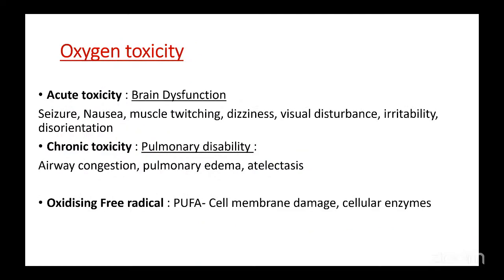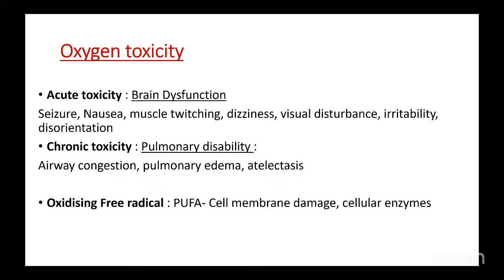Apart from that, we have oxygen toxicity. In an acute situation, oxygen will most likely lead to brain dysfunction. Acute oxygen can result in seizures, nausea, and some musculo-neural problems like muscle twitching, dizziness, visual disturbance, irritability, disorientation.